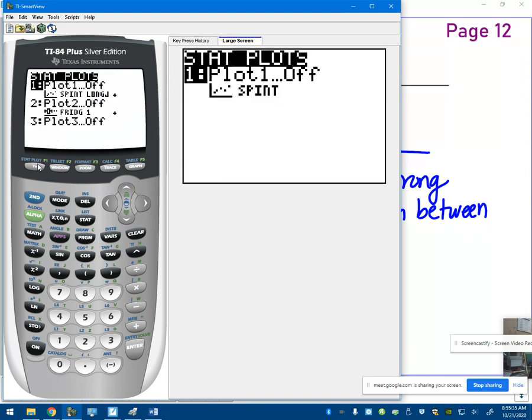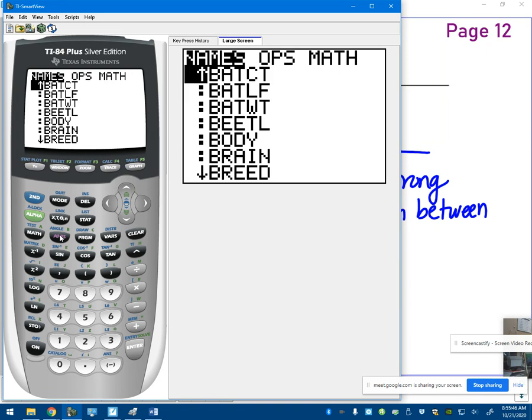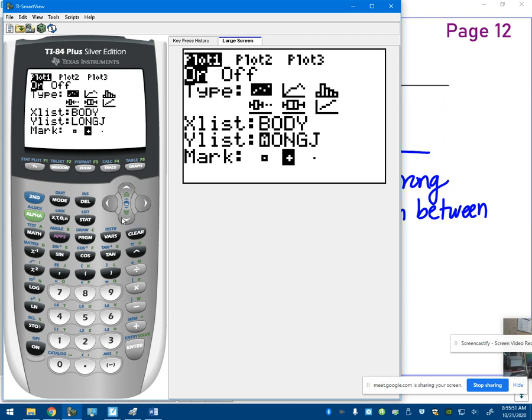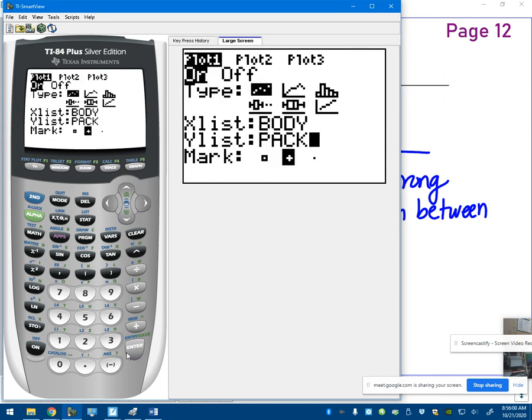So I want you to do second Y equals, turn on plot 1. We don't want sprint and long jump in there. That was the second thing we did. I want to go back to body. And I want to go to cap. So clear out long J and put in cap. That's what we did yesterday. Oh, you guys probably don't have sprint and long jump. You probably have Mass F and Met F, because that's the last one you guys did.